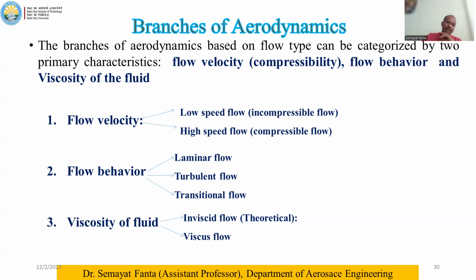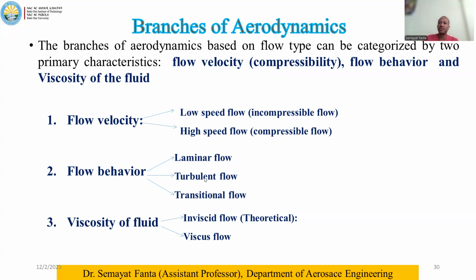Classifying aerodynamics based on flow behavior, we consider laminar flow, turbulent flow, and transitional flow. If the flow is steady, then it is laminar. If the flow is turbulent, we call it turbulent.